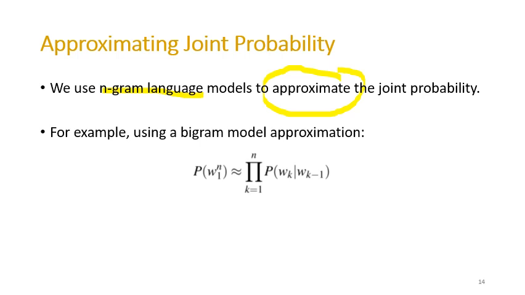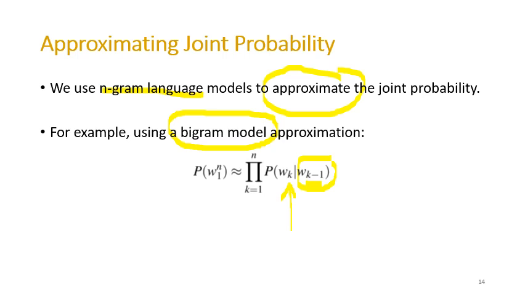So for example, we are using a bigram model. In the bigram model, we see here that if you want to predict the word K, the history you need to care about is the word K-1 only. So it's not the sequence from 1 to K-1, but only K-1.